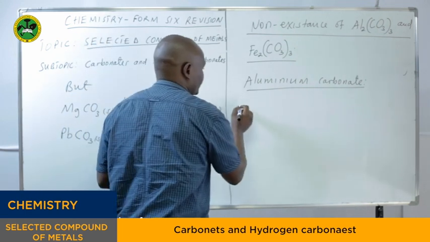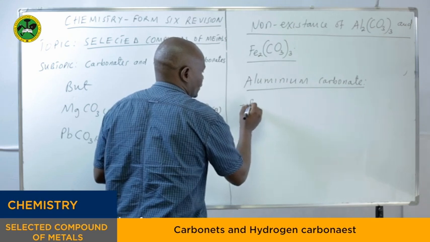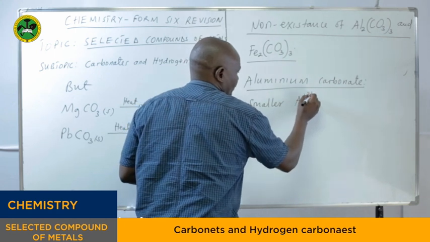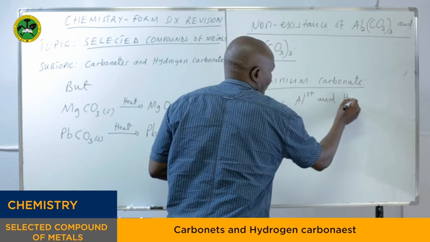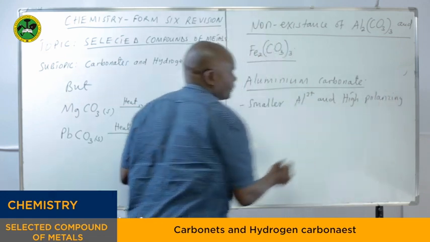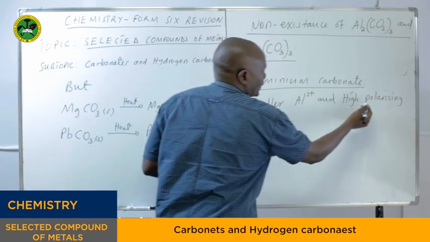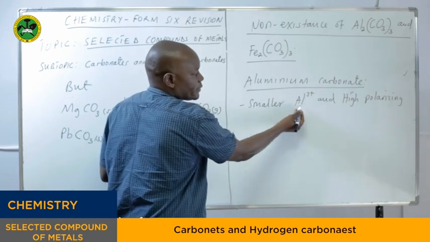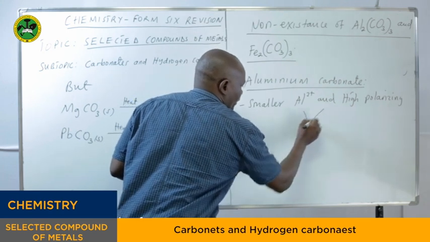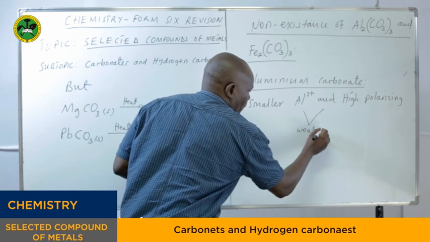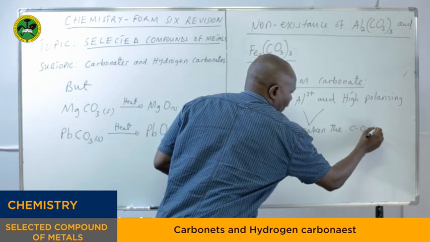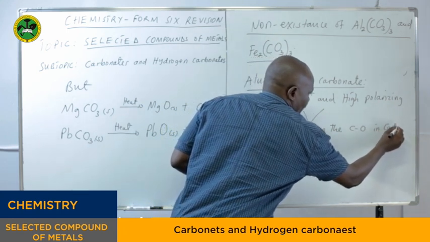So the smaller cationic size and the higher polarizing power of aluminium weaken the carbon-oxygen bond in the carbonate ion.